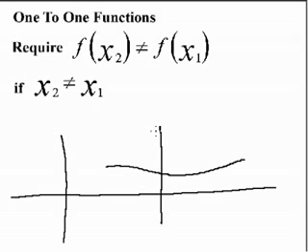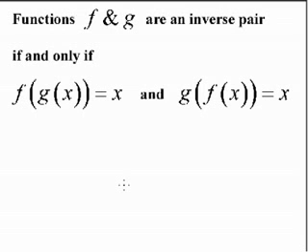So as you see, when we graph the function, we want to make sure that there's a one-to-one correspondence between x and y. We can use horizontal line tests and vertical line tests to check for this one-to-one correspondence property.